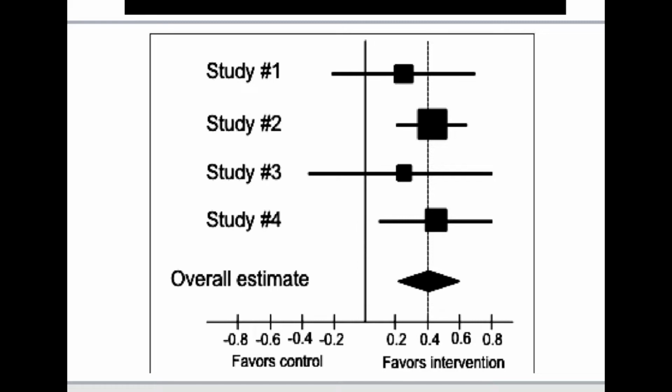These lines crossing through the squares are called the 95% confidence interval. What is the meaning of confidence interval? It's something in statistics which gives us a range within which the results of this study come.